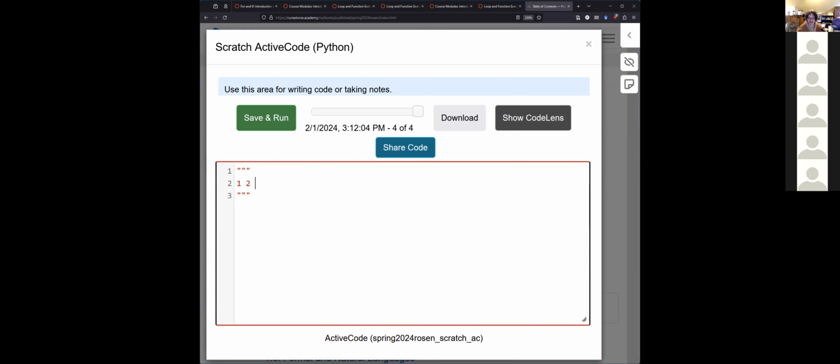Basically 1, 2, 3, 4, 5, then 2, 4, 6, 8, 10, then 3, 6, 9, 12, 15. 4 times 2 is 8. 4 times 3 is 12. 4 times 4 is 16, and 4 times 5 is 20. Right, and so on.